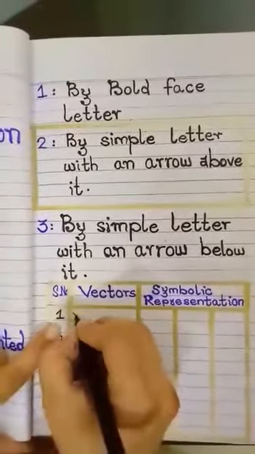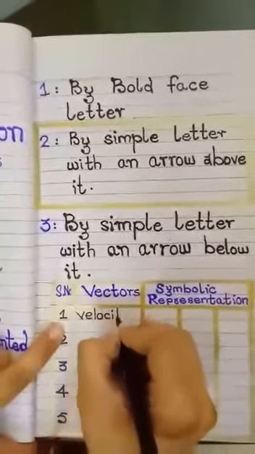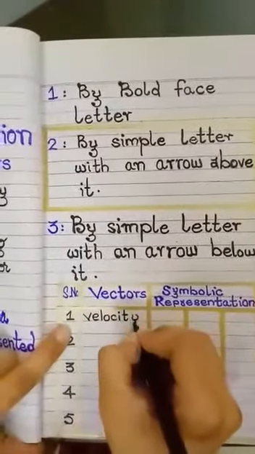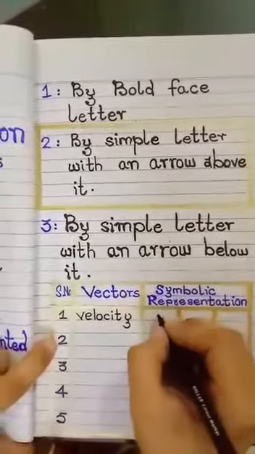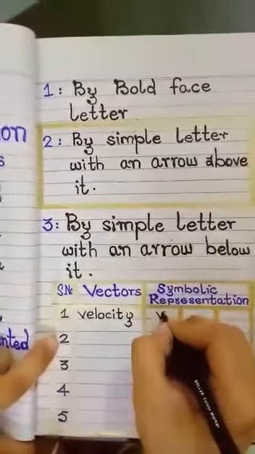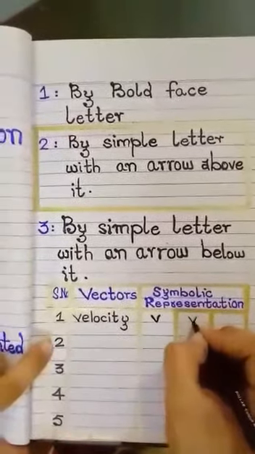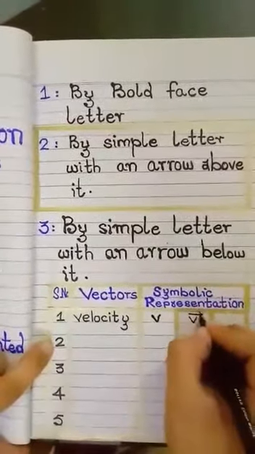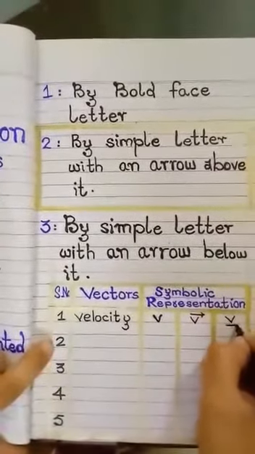For example, velocity is a vector quantity. We can symbolically represent the velocity vector either by bold face letter, or by simple letter with an arrow over it, or by simple letter with an arrow below it.